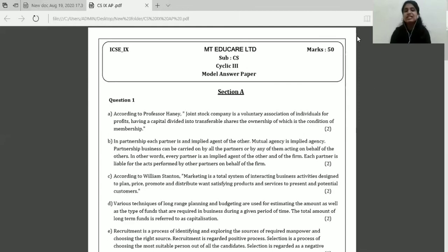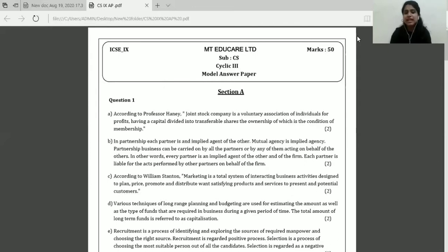Now, students, since a definition is asked, you have to write down any definition that's given in your textbook, but it has to be exactly word to word. You cannot amend or tweak the answer according to your comfortability. You will write it exactly the way it is given in your textbook, right?